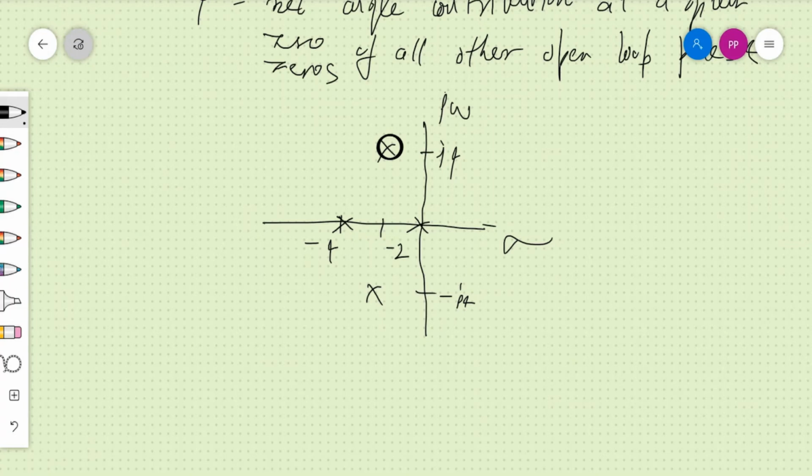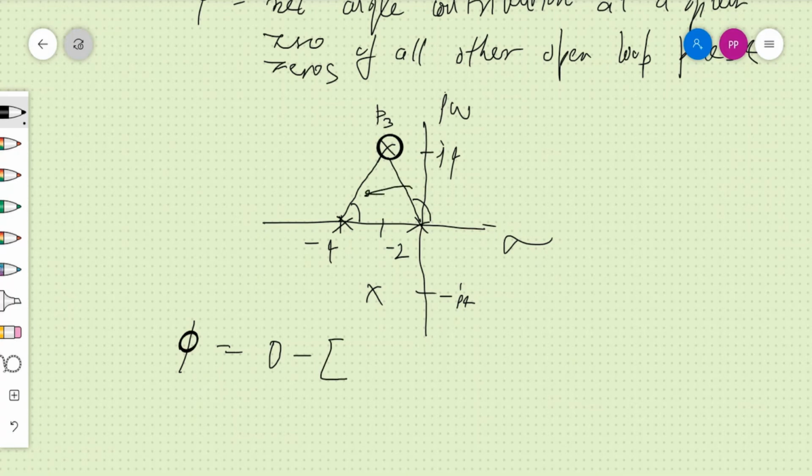So let us check the contribution at this pole. We can write the poles P1, P2, P3. The contribution at this pole P3 due to the pole at the origin, this angle, and the pole at -4, this angle. These two angles together can be given as 180 degree. There are no zeros, so we write angle due to zeros minus angle due to poles.